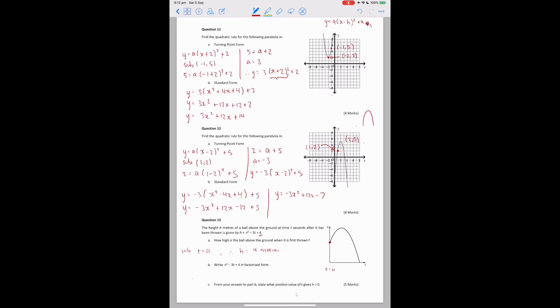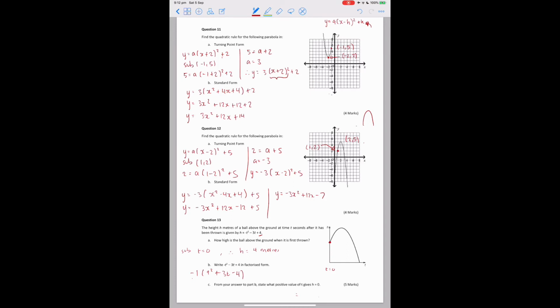Now, in order for you to factorize it, because there is a -1 coefficient in front of the t squared, I'll just factorize and take the -1 outside. So if you do this, it would be -1(t squared plus 3t minus 4). And now that I've got the -1 outside, I can factorize this normally using the product-sum method.